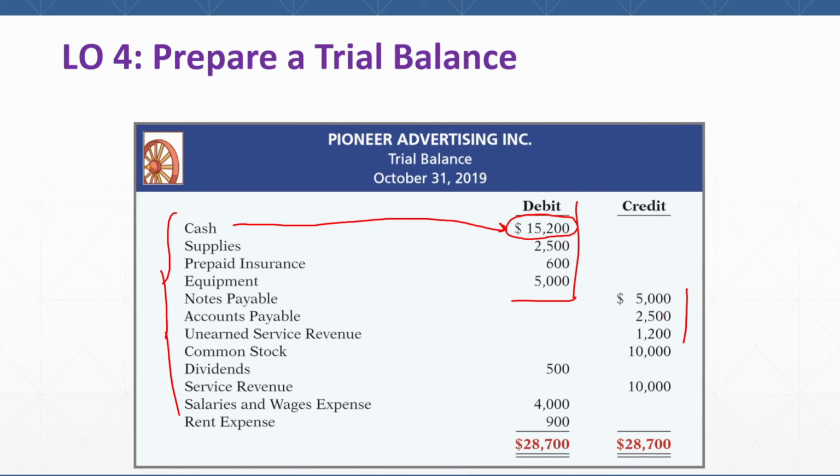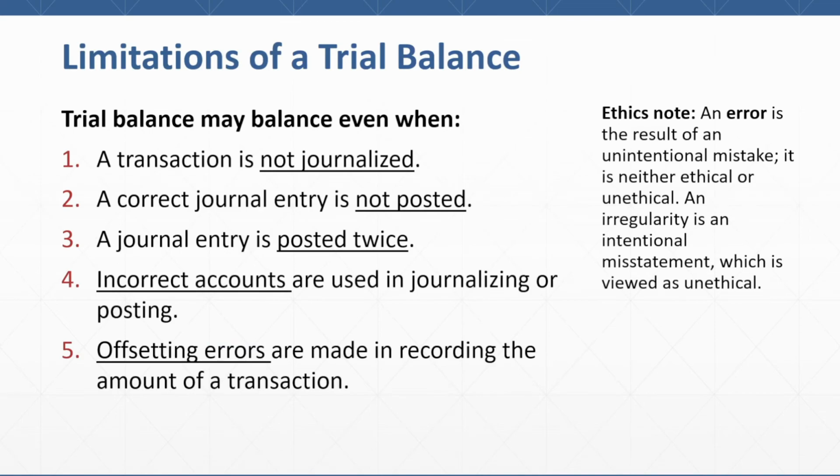But at the end, it is important to make sure that the left side and right side of our TB are the same. We use trial balance to prepare our financial statements. Remember, our goal in accounting, the definition of accounting was what?